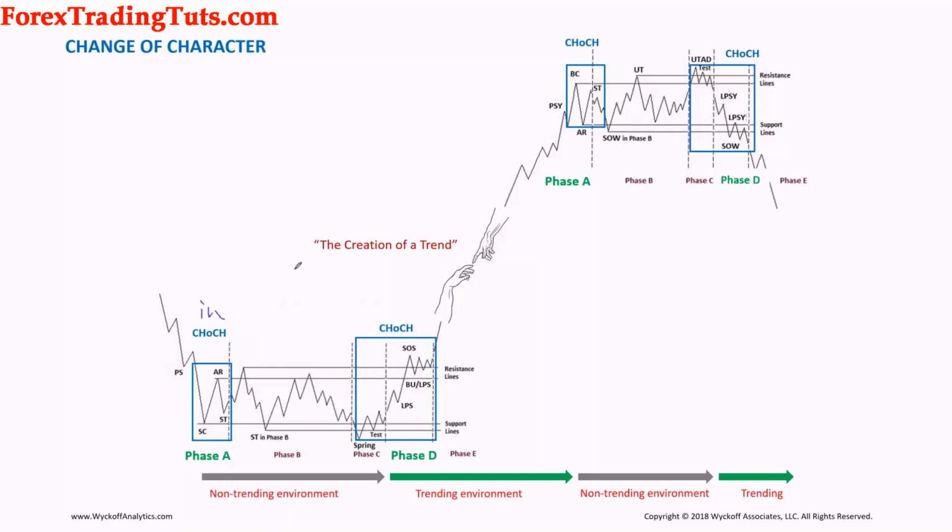So on the way in, whether it's accumulation or distribution, that's all going to be in phase A. And you're always going to be looking at the automatic rally in the accumulation and the automatic reaction in the distribution as those first two counter-to-the-trend events that are going to lead you to the conclusion that this is a change of character, and therefore we are going to start a non-trending environment. And then secondly, in phase A it is going to be confirmed by a secondary test. So that's on the way in.